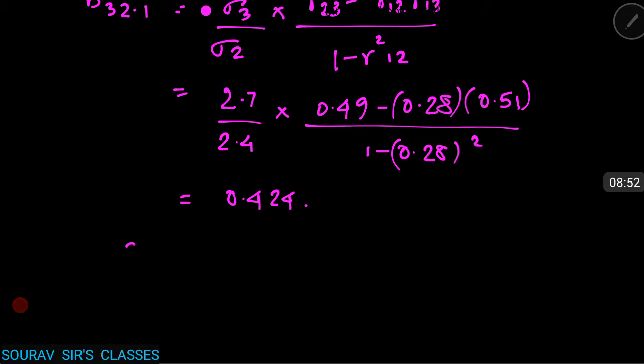Substituting the values, we get x3 is equal to 0.405 x1 plus 0.424 x2, which is the required regression equation of x3 on x1 and x2.